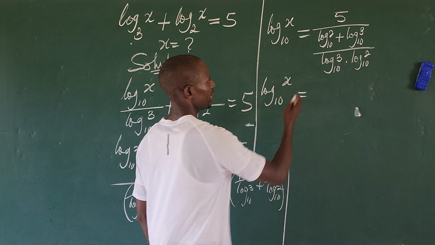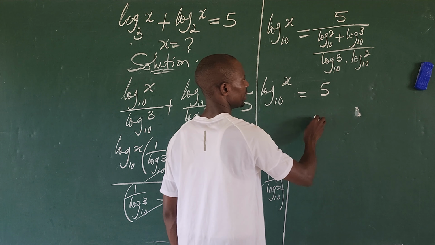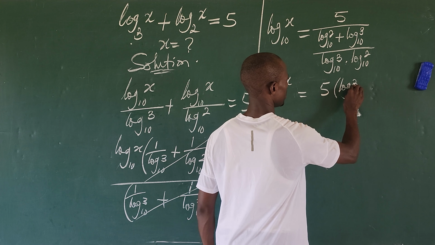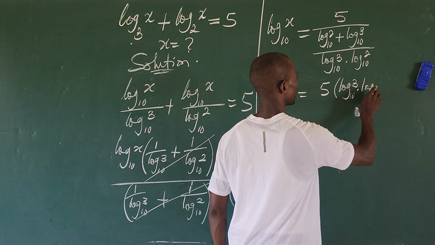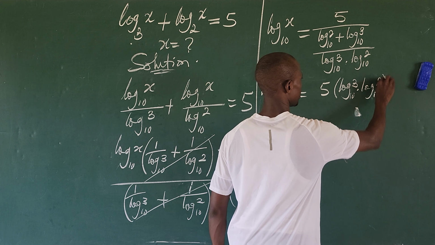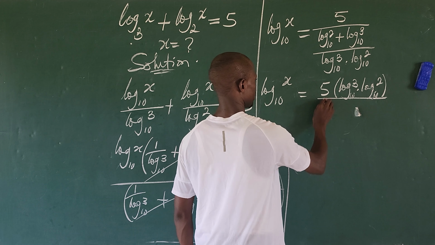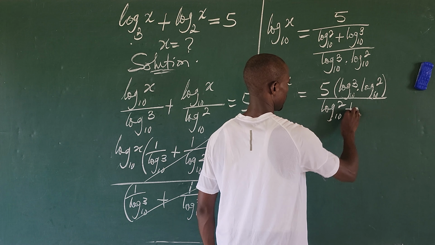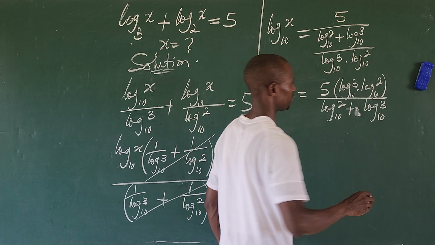So again, if we simplify down, log x base 10 is going to be equal to 5 times log 3 base 10 times log 2 base 10, all over log 2 base 10 plus log 3 base 10.